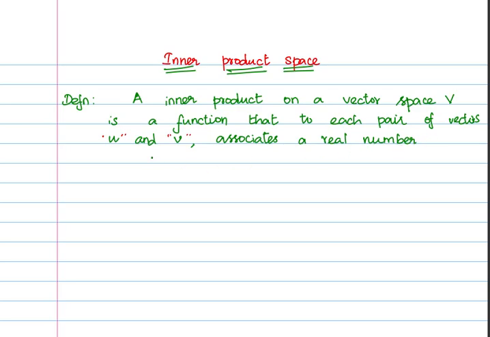So we write that as u comma v, which is a real number, and it satisfies the following axioms.